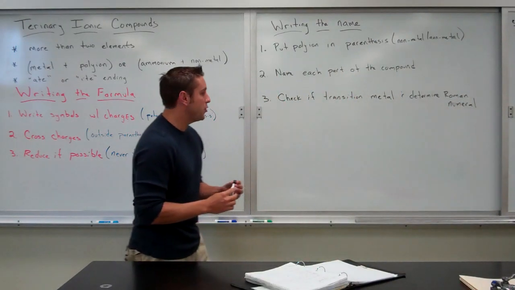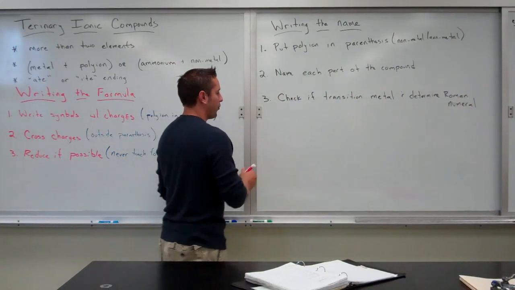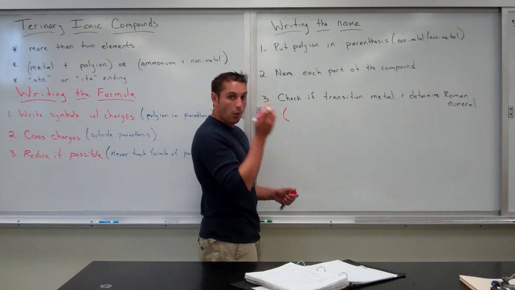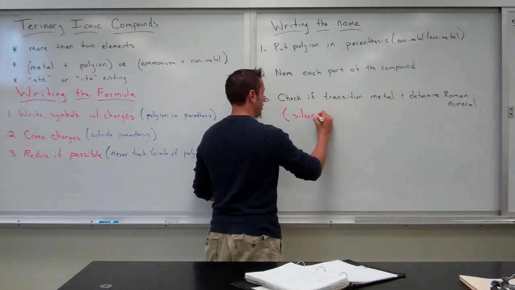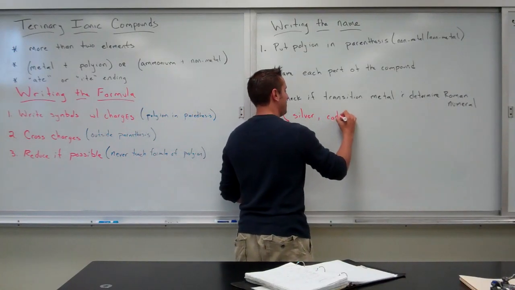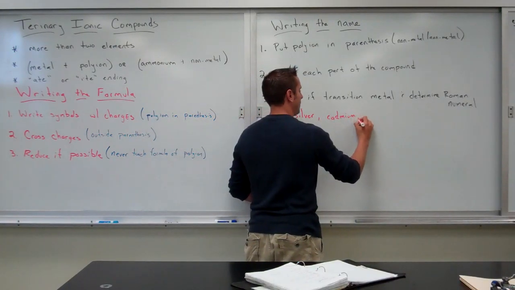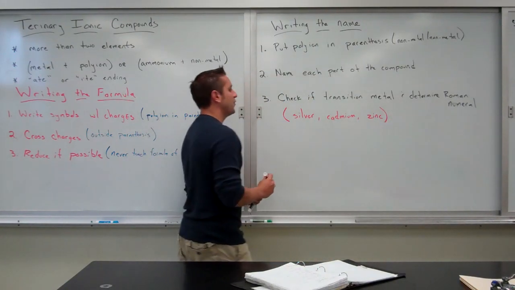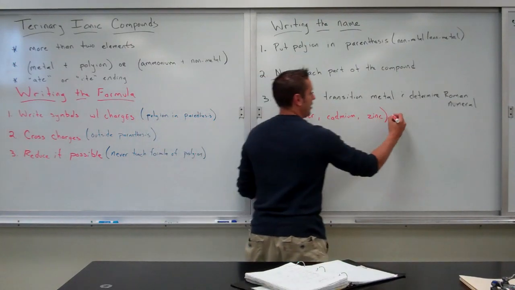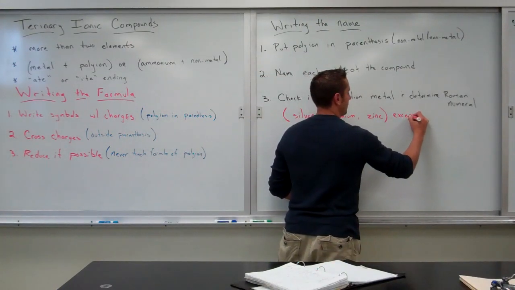And remember, there are a few exceptions to that rule. 3 transition metals that we never give Roman numerals to are silver, cadmium, and zinc. Silver, cadmium, and zinc are exceptions.